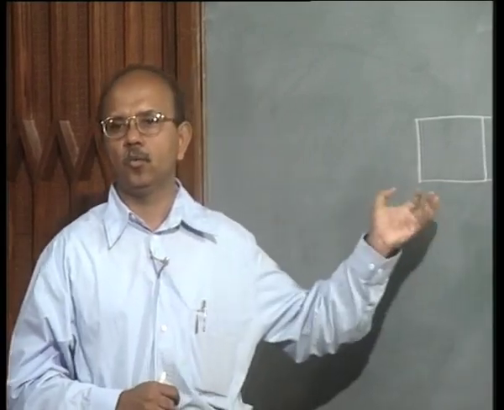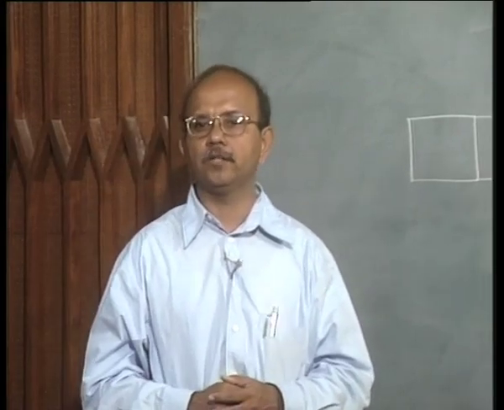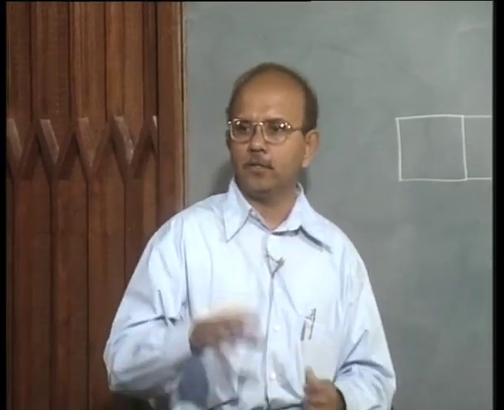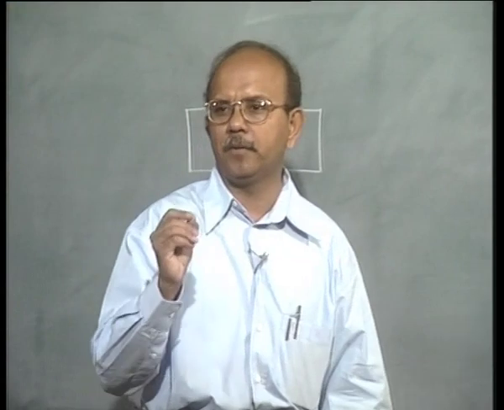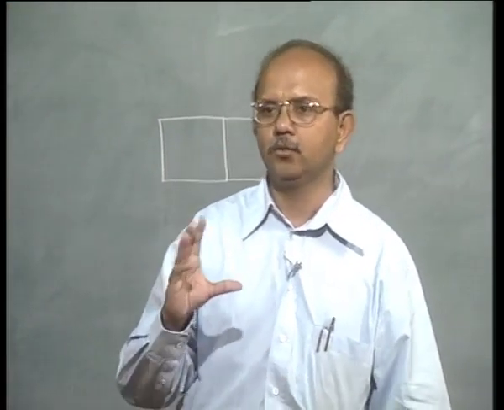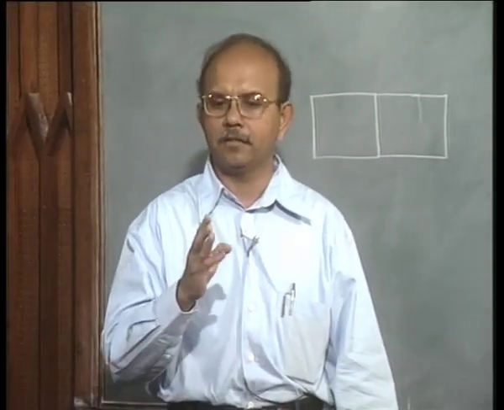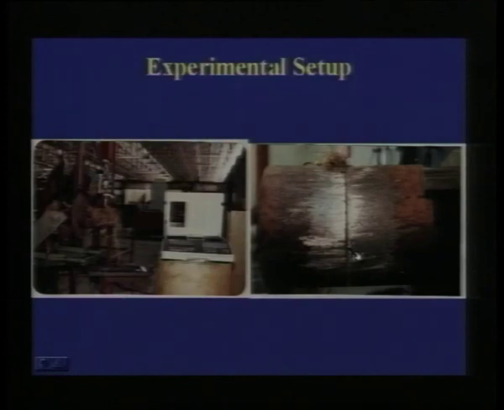Instead of me telling you what can be the boundary condition, let us see how to develop a boundary condition for this problem. In order to do that, first let us look at the experimental setup. You can pick up some very interesting things from that experimental setup.